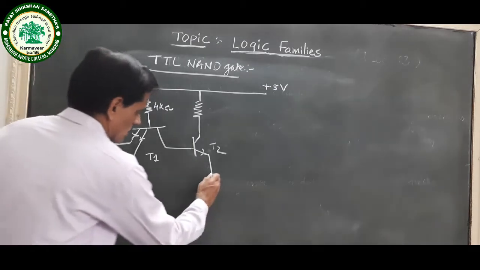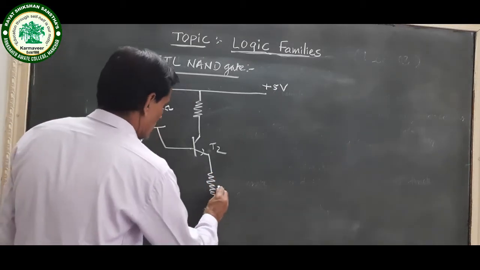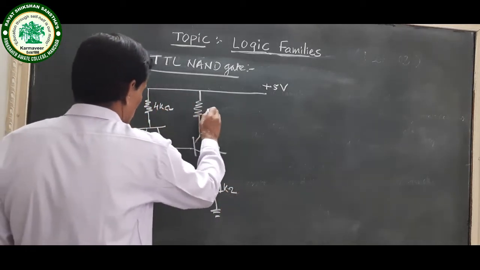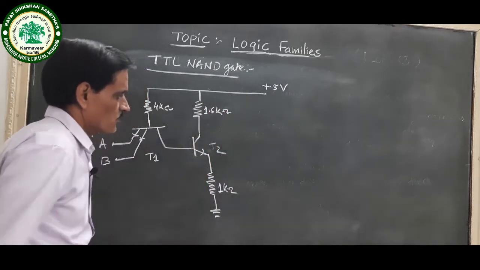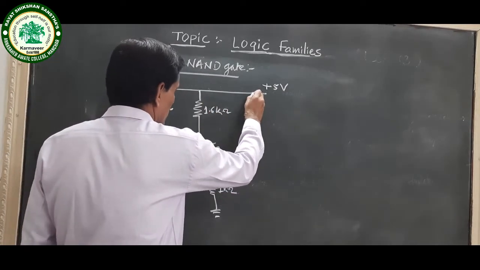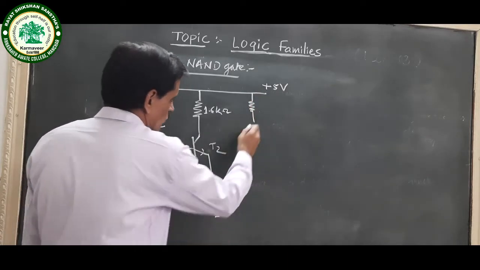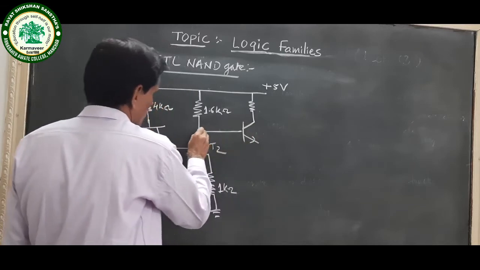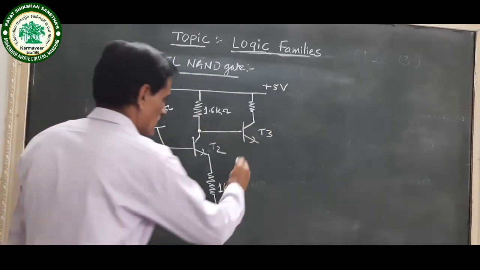The emitter is grounded through a resistance having a value of 1 kilo ohm. Here the value is 1.6 kilo ohm. Then through a resistance of 130 ohm, another transistor is connected like this. I am calling this transistor T3.